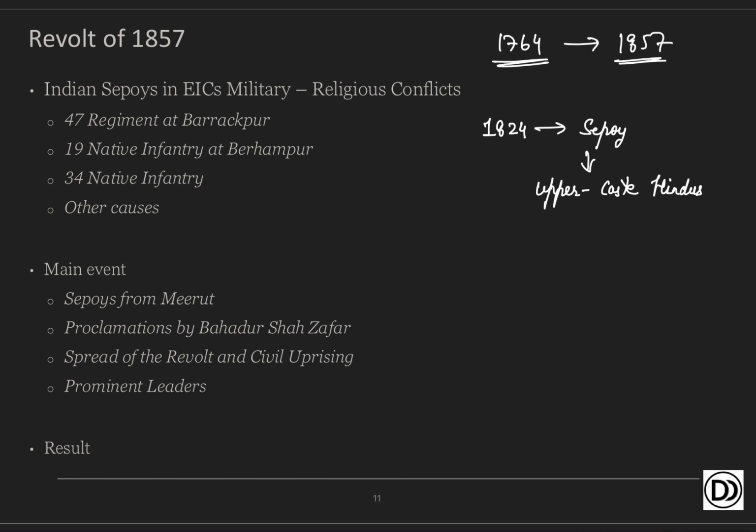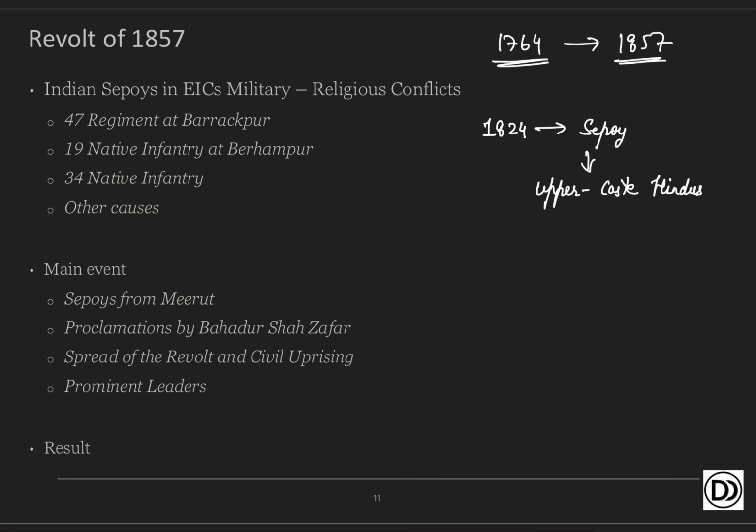Initially, the conflicts were resolved, and the demands of these sepoys were considered and even accepted. The East India Company used to make necessary changes in the service to accommodate these sepoys because they needed them. But this could only happen until the sepoys had to serve inside the territory of India.